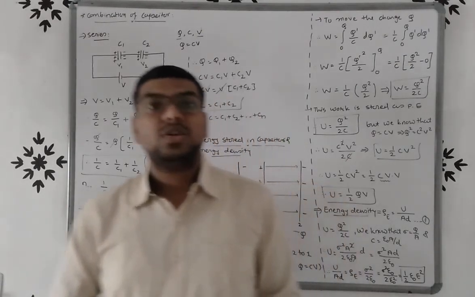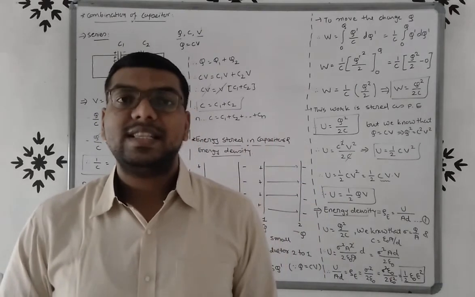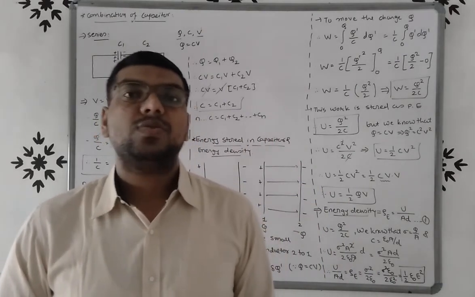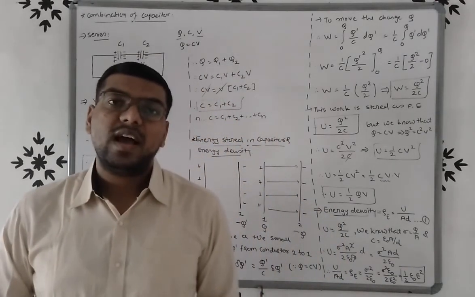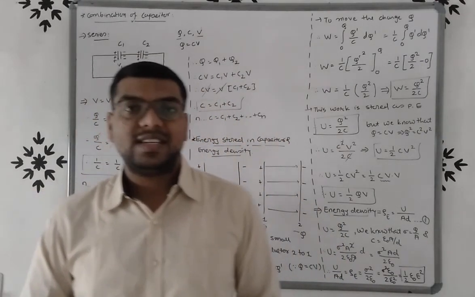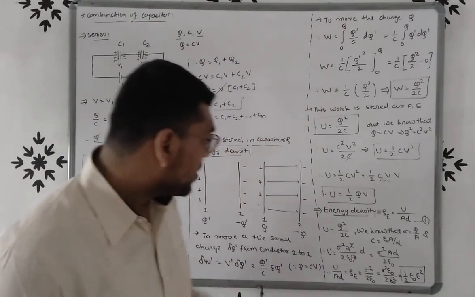Once again friends, to derive the equation of energy density rho E is equal to 1 by 2 epsilon 0 E square, we use the formula of energy stored in a capacitor, that is U is equal to Q square by 2C, right?